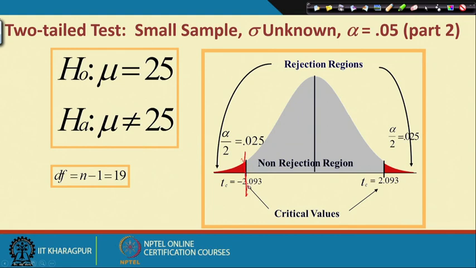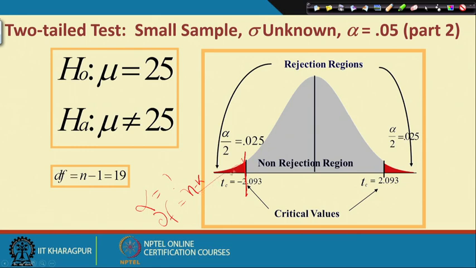To know this critical value you need two things, the alpha and the degree of freedom, which is n minus k, where k is the number of variables involved in this process and n is the sample size. If it is two-tailed, then it will go to both sides by alpha by 2, that is 0.025 and 0.025, as per your earlier discussion.